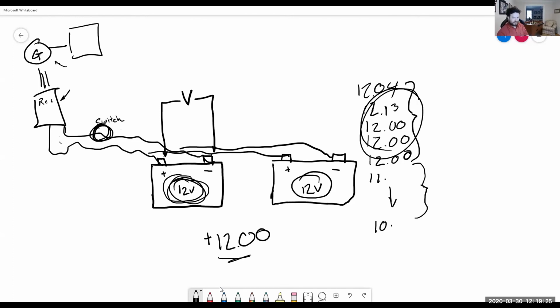It's good practice to stay red to positive, black to negative. But all you're really going to get is a negative 12 volts. It will be the same reading, just negative, because what you're reading is the comparison between these two. Remember, it's the potential.